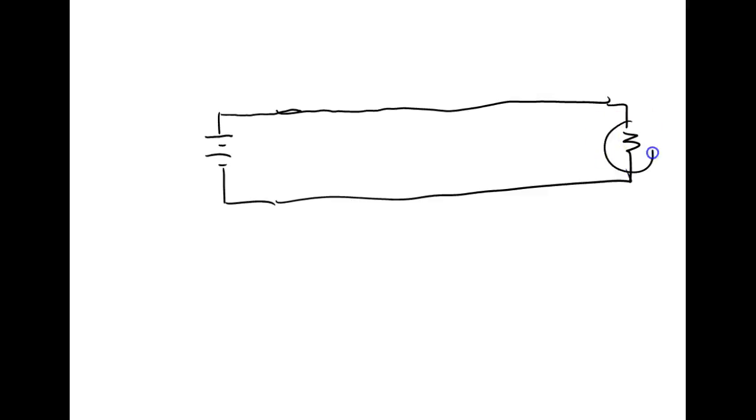So we'll draw this guy right here. Now the problem is if I try to transmit a lot of power over distance, what are we going to become very concerned with? Resistance of the wiring.